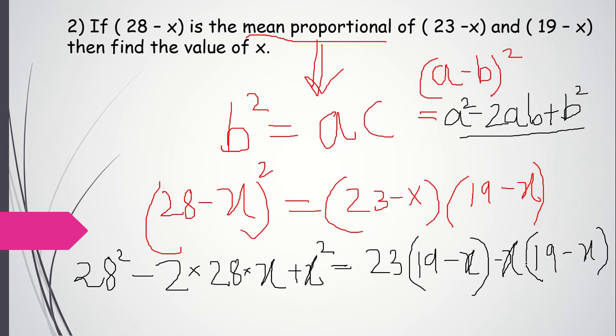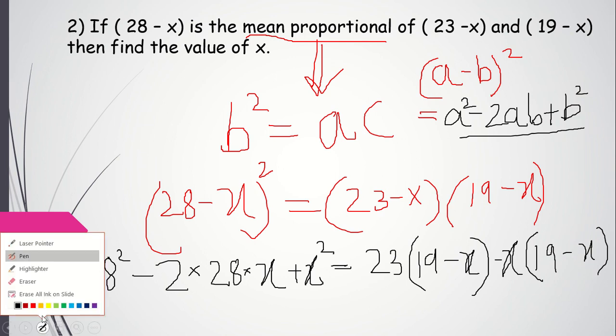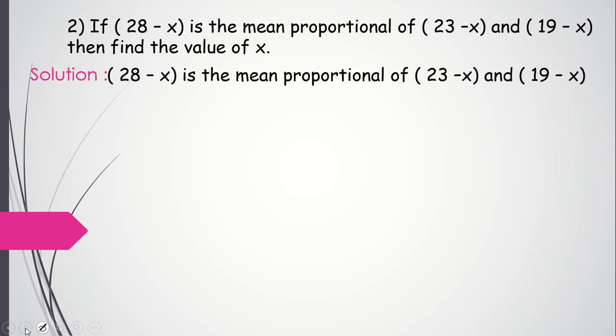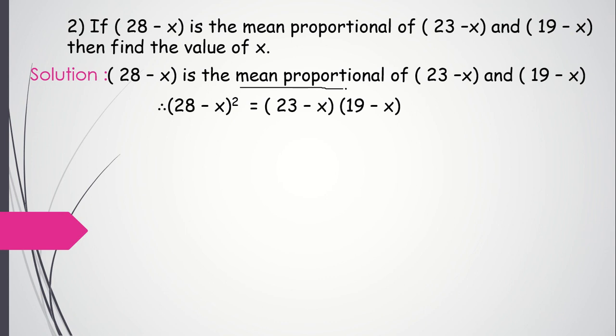Then multiply 23 inside with both the numbers and x inside with both the numbers, and then we will see what is getting cancelled etc. and then we simplify the equations. That's it. So let's see how we are going to do it. 28 minus x is the mean proportional of 23 minus x and 19 minus x. Therefore B square is equal to AC.